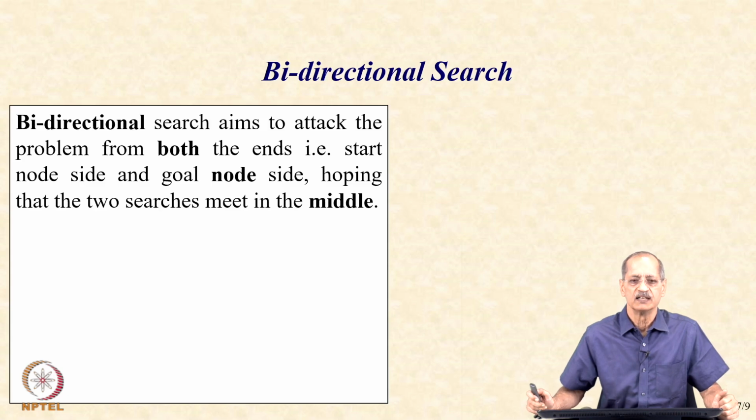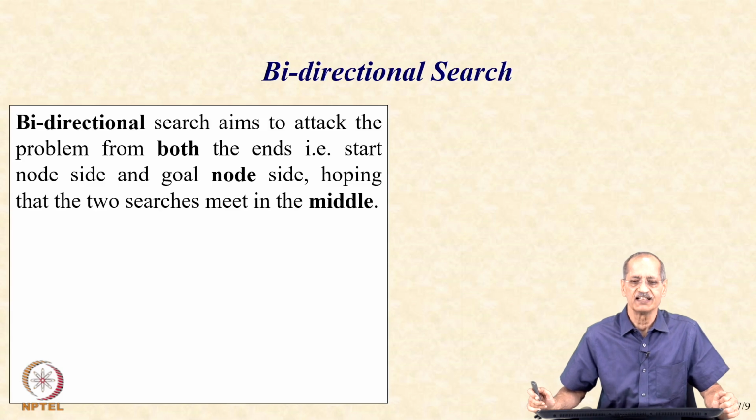Then can we not attack the problem from both ends, that we start search from the start node and we also start a back search, which means from the start node we have a forward search, from the goal node we have the backward search.